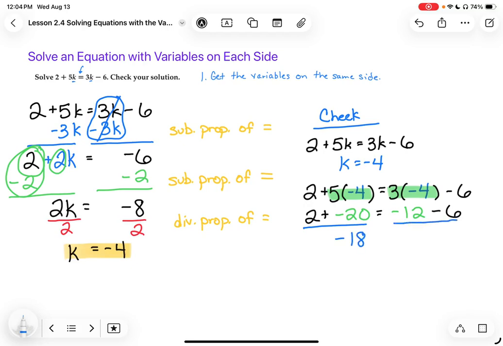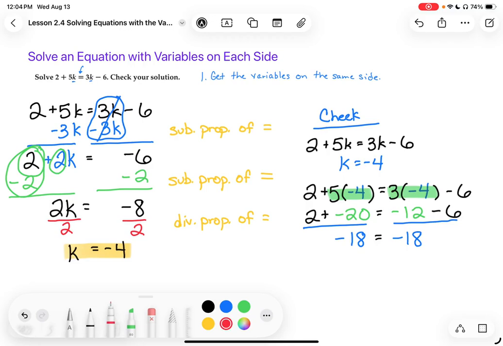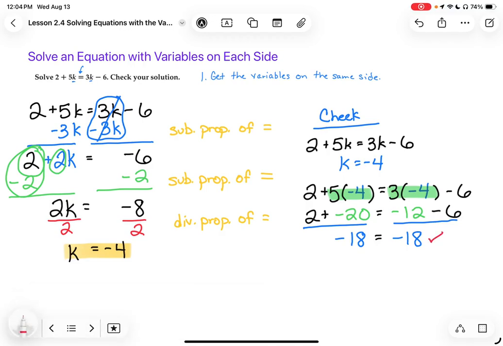And negative 12 minus 6 is also negative 18. So is negative 18 equal to negative 18? Yes, of course it is. And that means we have successfully checked our answer, because substituting our answer into the original equation gives us the left and right sides being equal to one another. That is what tells us our solution is correct.